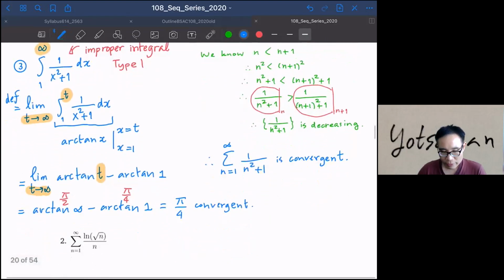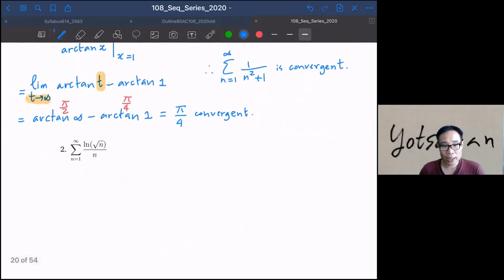The second example is log root n over n. So you have a_n equal to log root n over n. You need to check positivity.